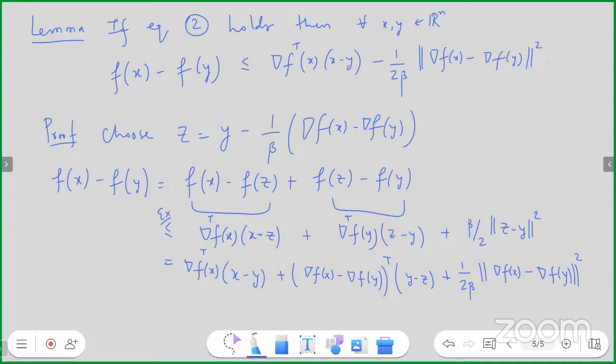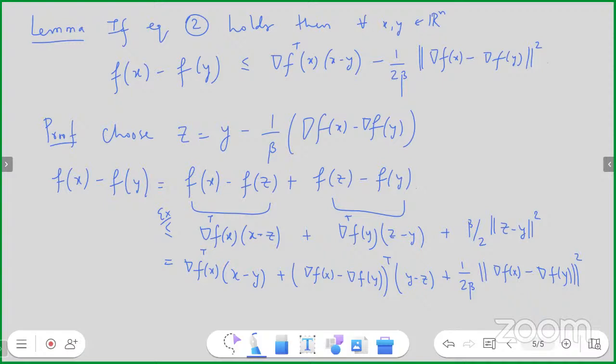Why is this true? This becomes this. Substitute z. This is just substituting for z. Nothing interesting. Okay. I still need a minus sign here. See, the whole point is that this is something with a minus; as a plus it would be trivial.